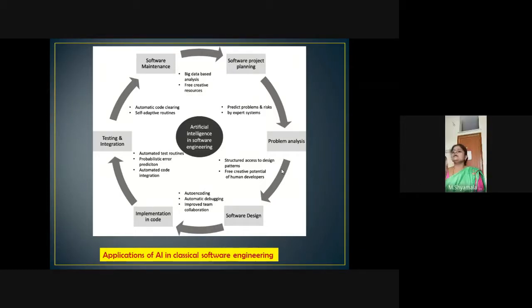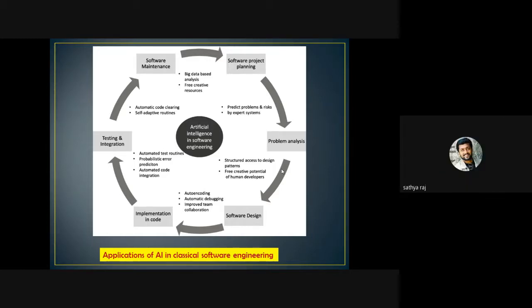These are all the processes we require in software engineering. Artificial intelligence is applied to make it easy and to handle big data so that this entire process is automated very easily.